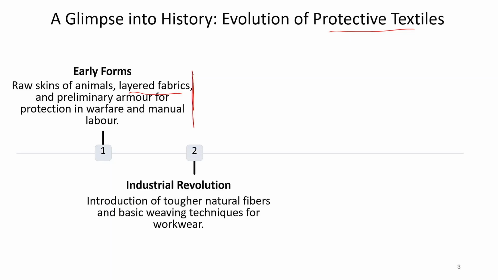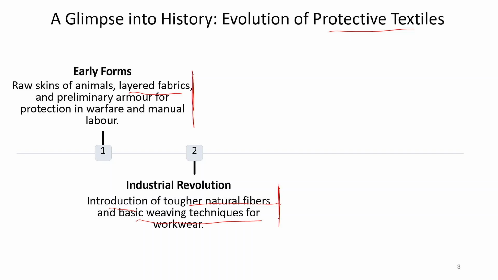Then due to the industrial revolution, different types of fibers evolved. So, introduction of tougher natural fibers was there, like flax and different cotton and silk, which are weaker, but tougher natural fibers were used, even regenerated fibers were developed, and also the basic weaving techniques were there for workwear.